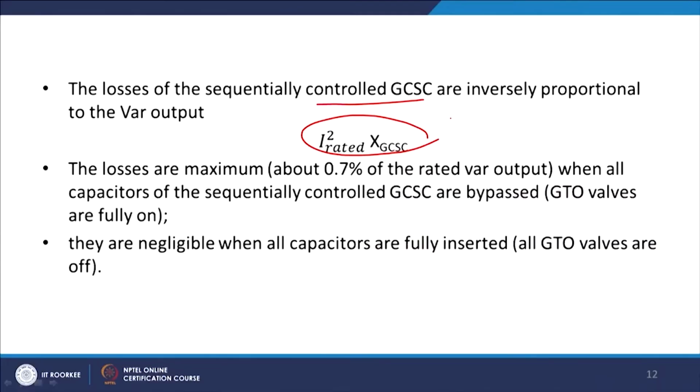The loss is maximum, about 70% of the rated valve voltage, when all the capacitors of the sequentially controlled GCSC are bypassed and the GTOs are fully on. The losses are negligible when all the capacitors are fully inserted, when all the GTOs are off.